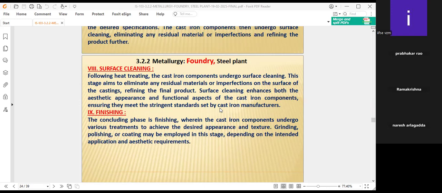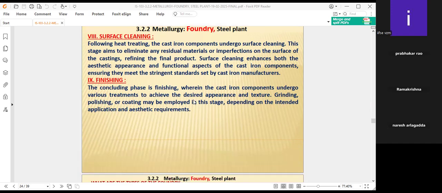Because the blocks are taken by the cast iron manufacturers, who prepare the desired shapes at their industries, like kitchen utensils, wires, pipes and all these things. The blocks have to be attractive, otherwise they cannot be purchased.